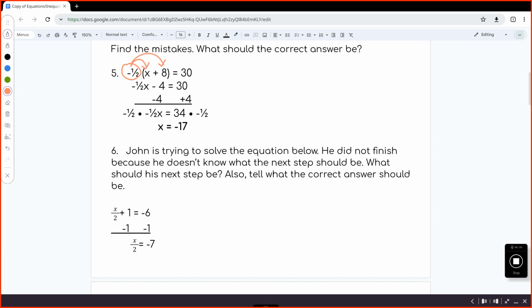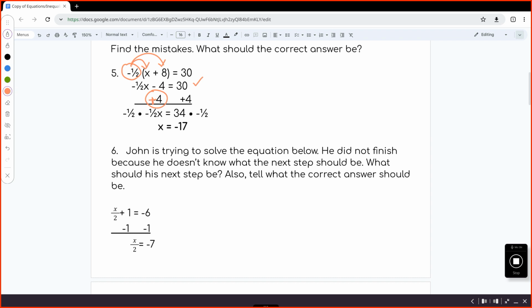Negative 1/2 times 8, which would get you negative 4, and then equals 30. So far this step was right. Now here's where we messed up a little bit, right? You have minus 4 and then plus 4. The constant is -4, so we need to do the opposite on both sides, which would be +4 on both sides, which this person didn't do. All right, so here is a mistake.